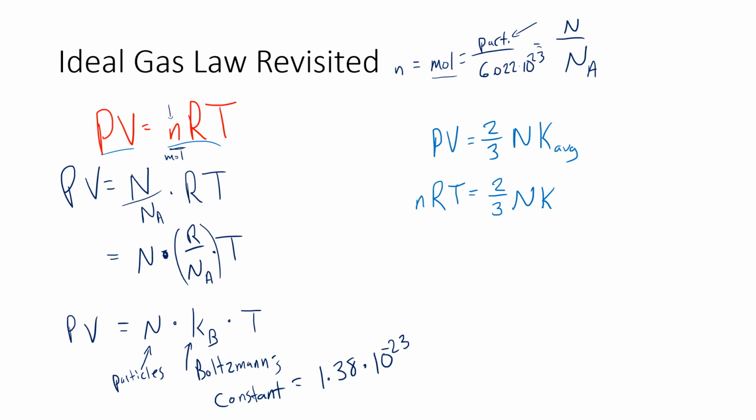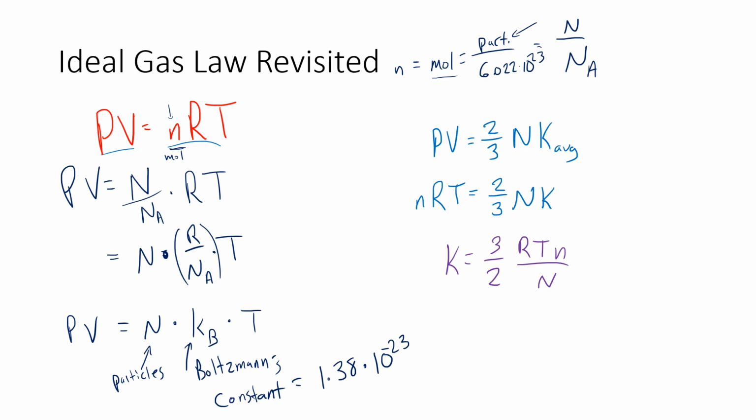We want to figure out an equation for kinetic energy. So K is going to equal 3/2 RT n over N. So far, so good? Are we okay with that?